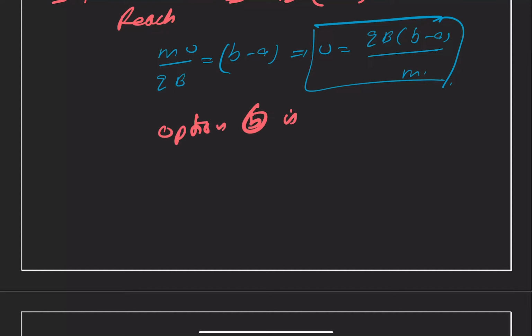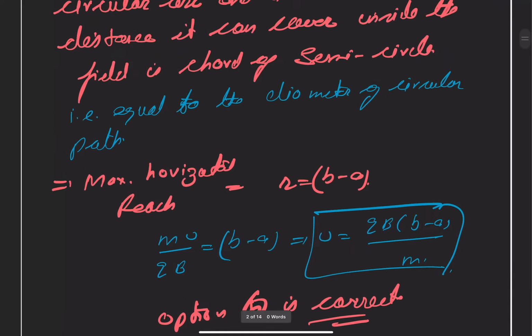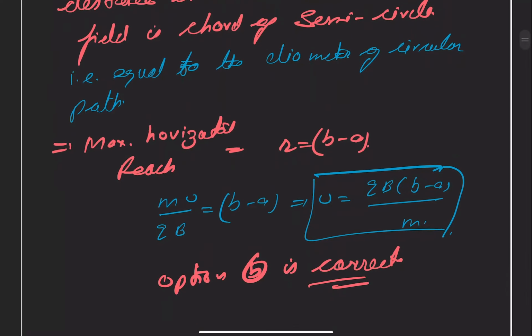It should be the radius of the circular path, not the diameter.